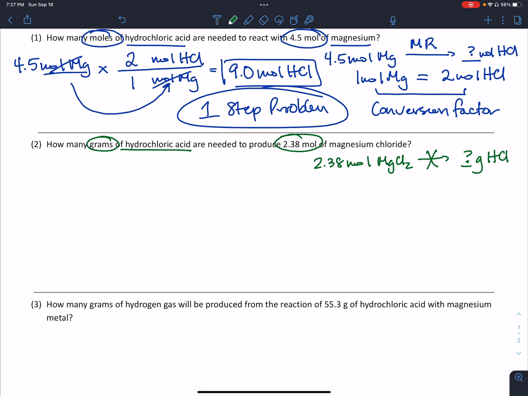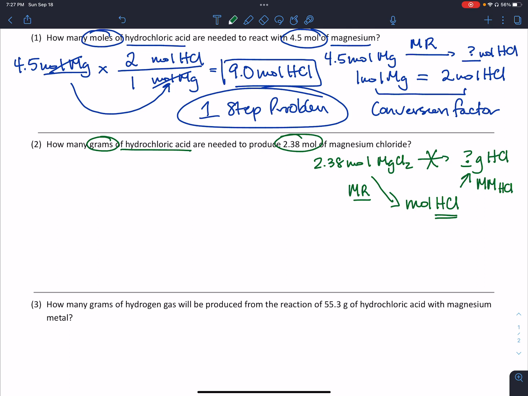So the first step is going to be to take the moles of MgCl2 and convert those to moles of hydrochloric acid. I can do that with my mole ratio step. Once I have moles of hydrochloric acid, then I can convert to grams, and that will be the molar mass of HCl, which is similar to what we did back in our first unit.